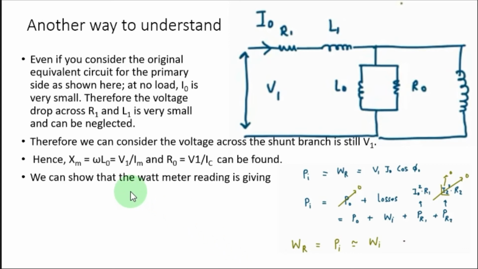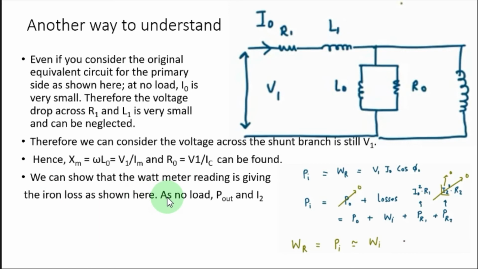So we can show that the wattmeter reading is giving the iron loss as shown here. So the wattmeter reading is actually giving the core loss, the total loss.